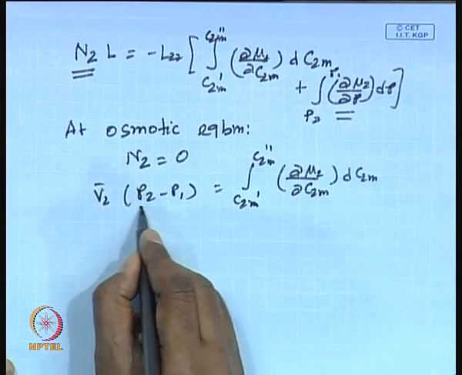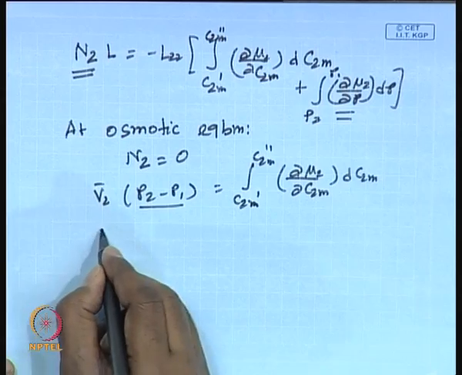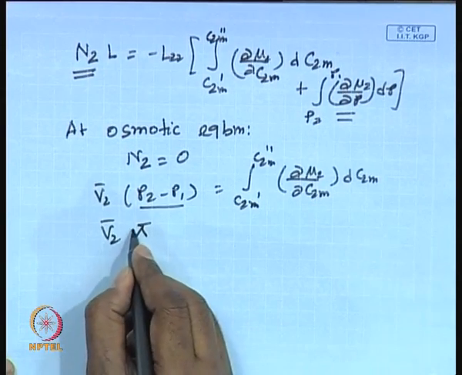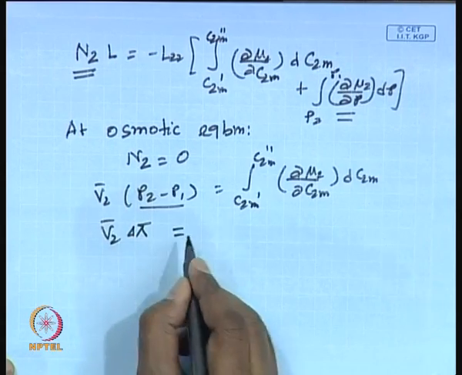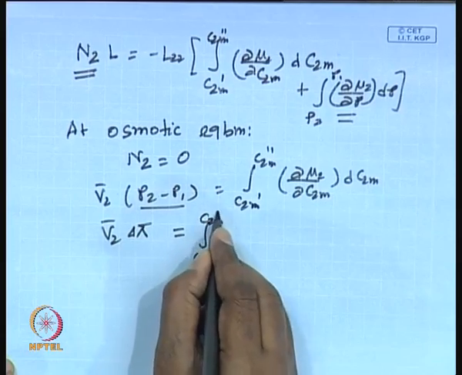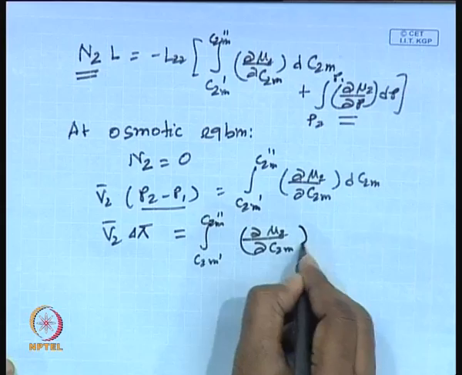And what is this P2 minus P1? This is nothing but the osmotic pressure difference between the permeate and the feed.